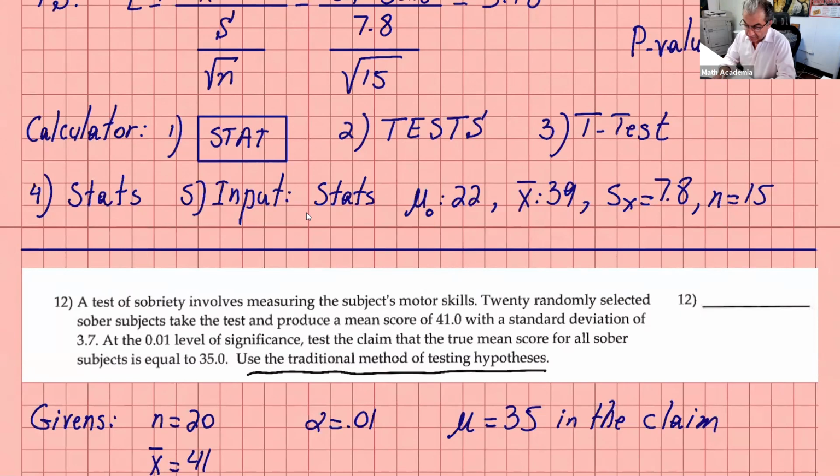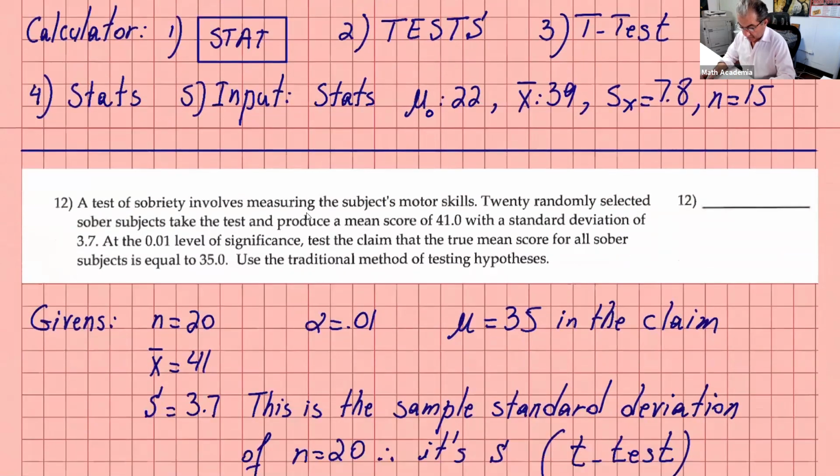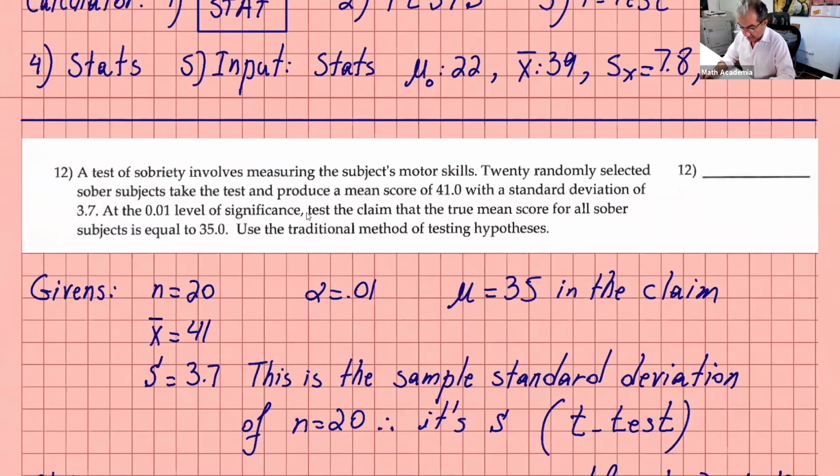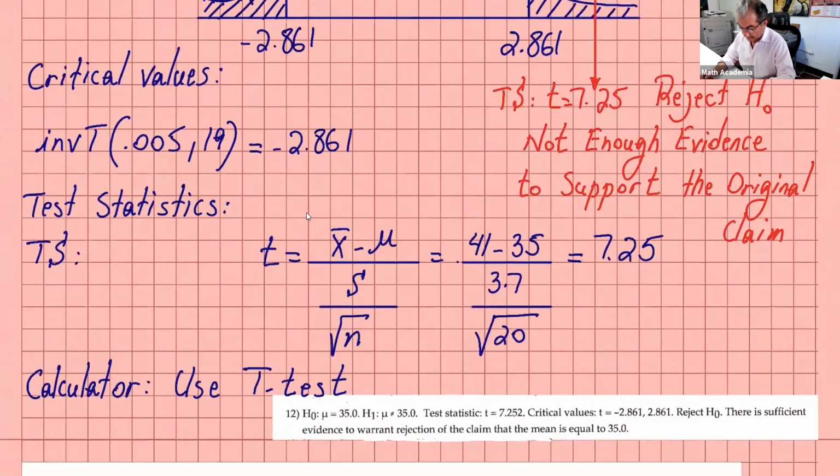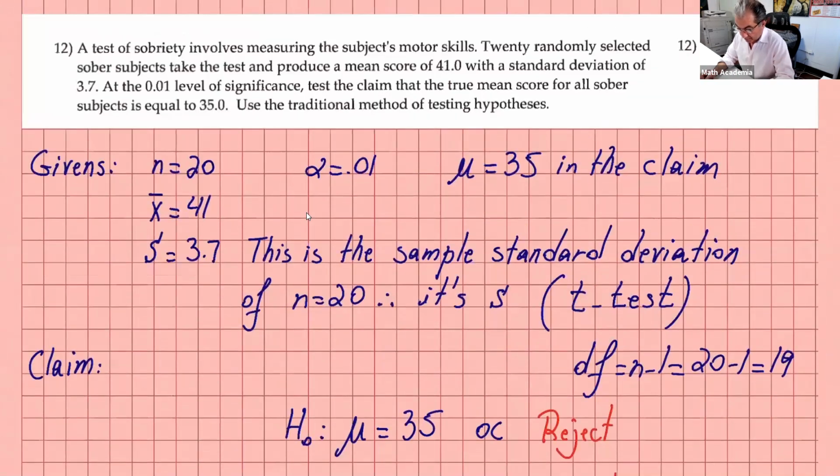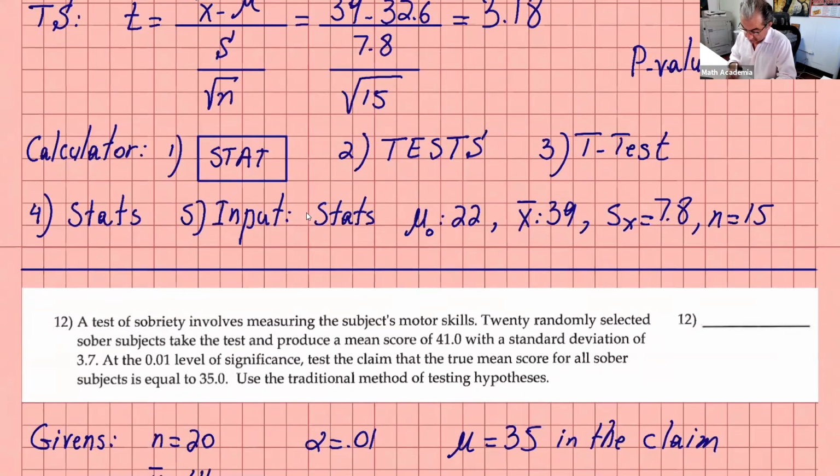Traditional method, that means you don't need the p-value here. So you just compare the test statistic to the critical value. Now, one thing to be very careful about here. 20 randomly selected sober subjects produce a mean of 41 and a standard deviation. This standard deviation belongs to these 20 randomly selected people.